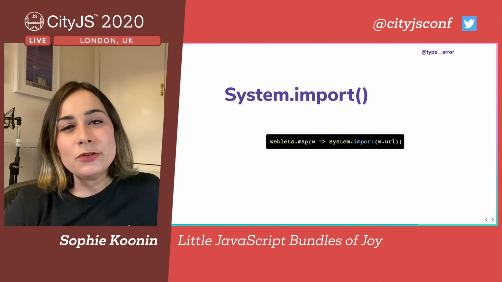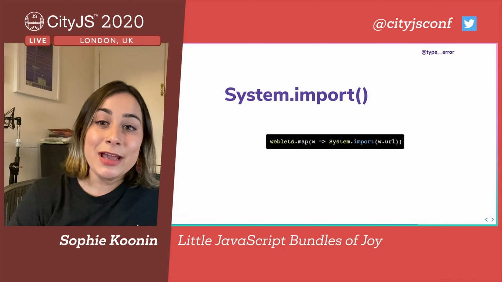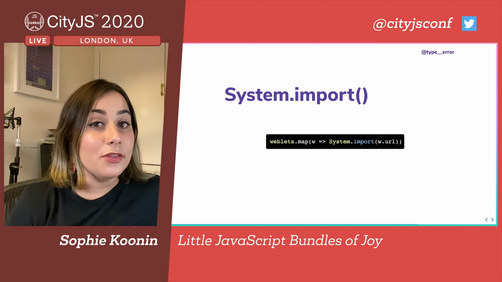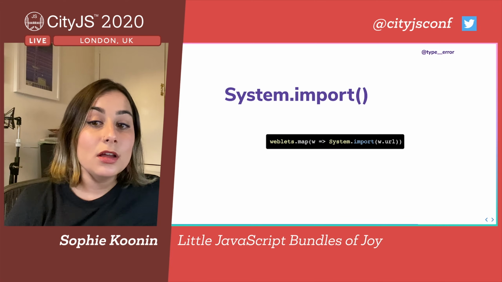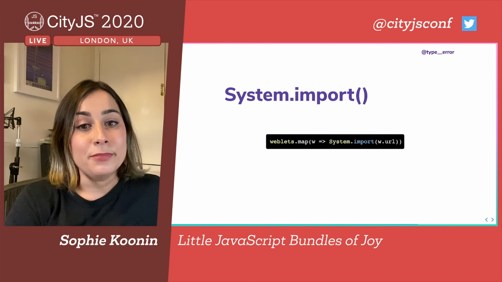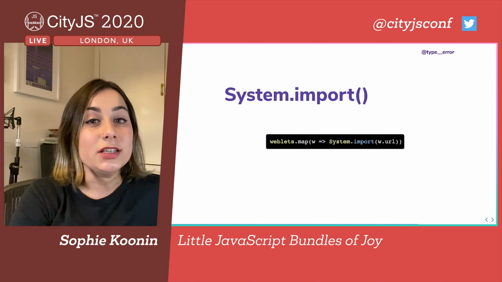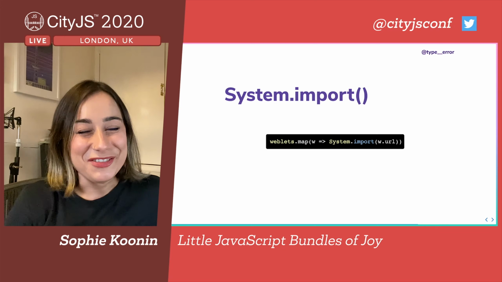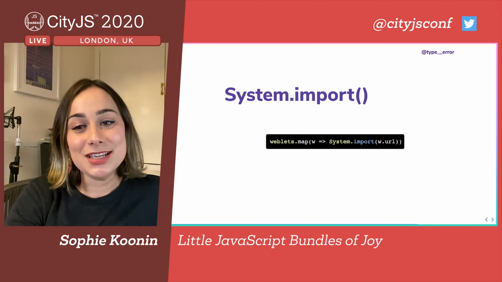And this gives us an import function out of the box that allows us to dynamically pass in modules at runtime. And what we pass in can be a file path, or more importantly, a URL, which is perfect for us because we get the Weblet URLs from the discovery service. So we iterate over the Weblets from the GraphQL query result, and then we can import them using system import.